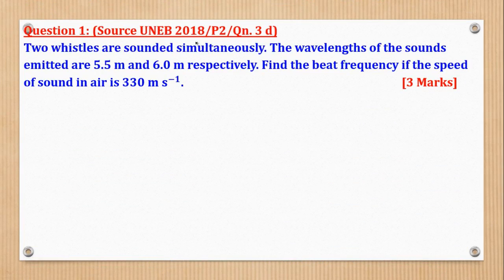Question 1 came from UACE 2018, paper 2, question 3D, and says two whistles are sounded simultaneously. The wavelengths of sounds emitted are this and that respectively. Find the beat frequency if the speed of sound in air is that.